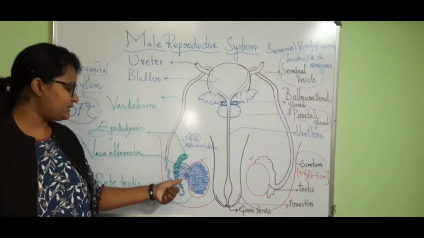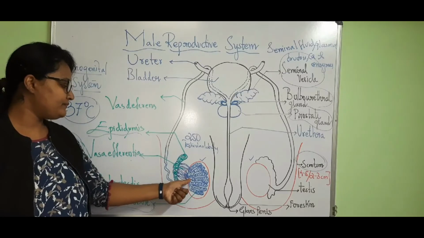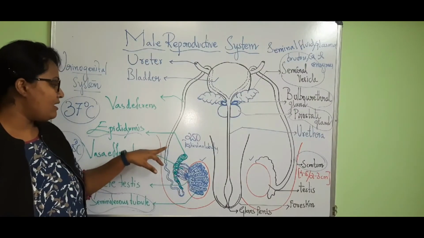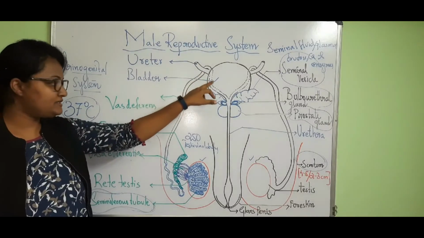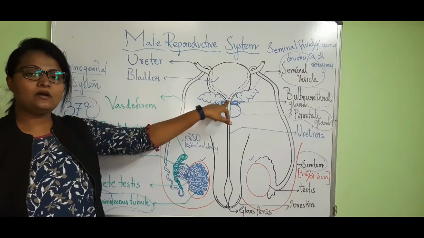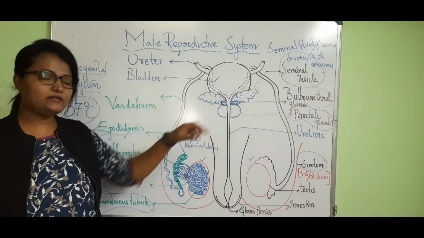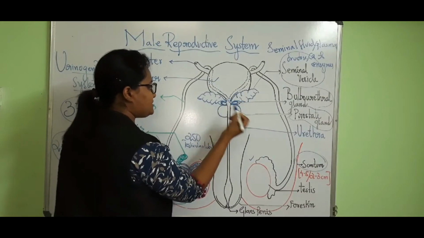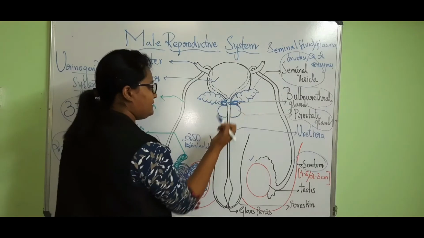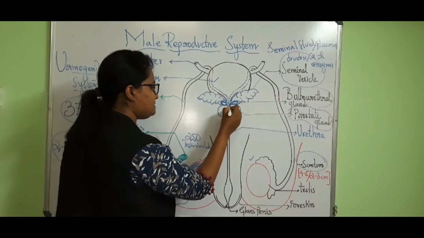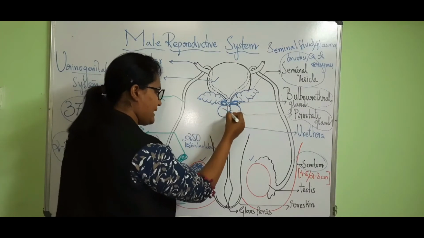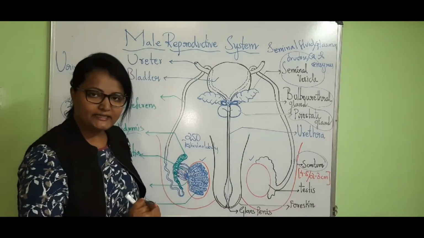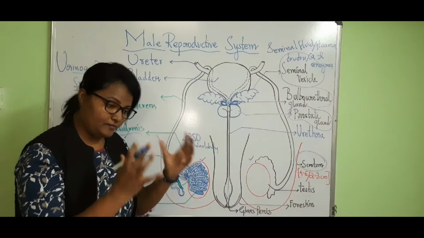What are those ducts? Rete testis, vasa efferentia, epididymis, vas deferens, which in turn connects to the ejaculatory duct, where the seminal fluid glands pour their secretion when the sperm comes here. Along with that, they are ejaculated together, forming a fluid.